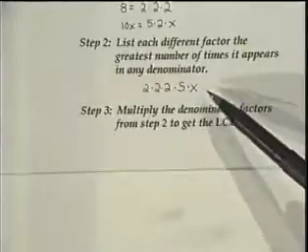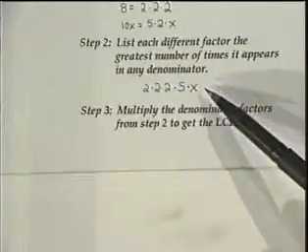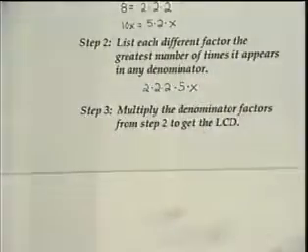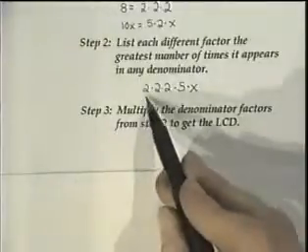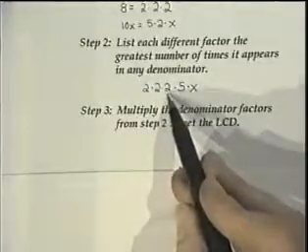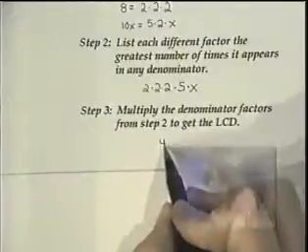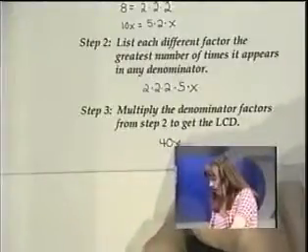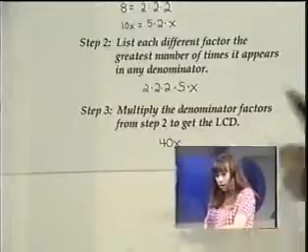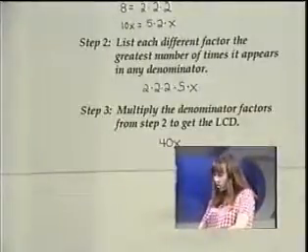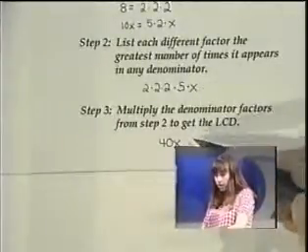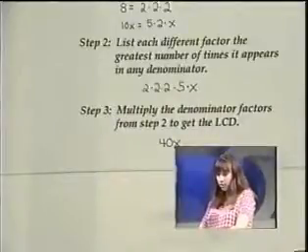In other words, we'll simply take these numbers and make it a product and multiply it out. 2 times 2 times 2 is 8, times 5 is 40, times x. So we multiplied these out and got our least common denominator.